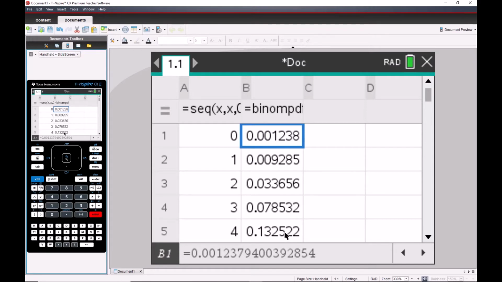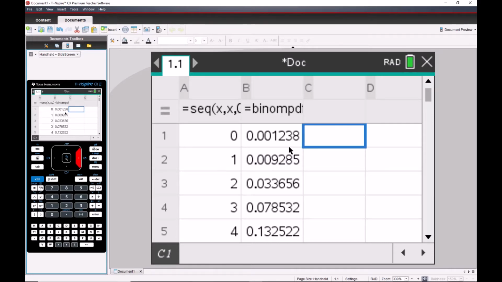Well, what I really need finally to answer this question is a running total of those, like we did when we were doing histograms and ogives and we needed cumulative relative frequencies. So I need those things to add up. For example, this spot should be 0.001238, but this spot below it should be the first one here plus the second one, and then the third one should be the sum of the three, running total.